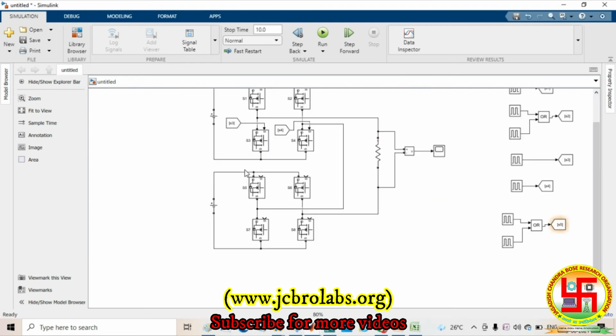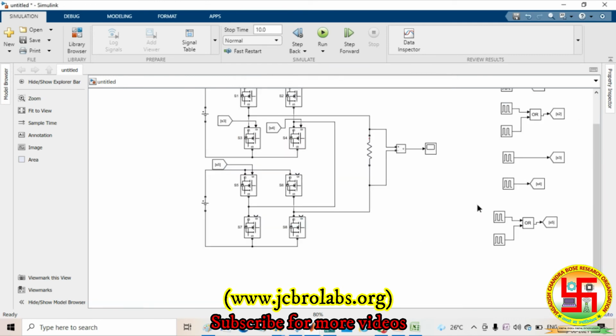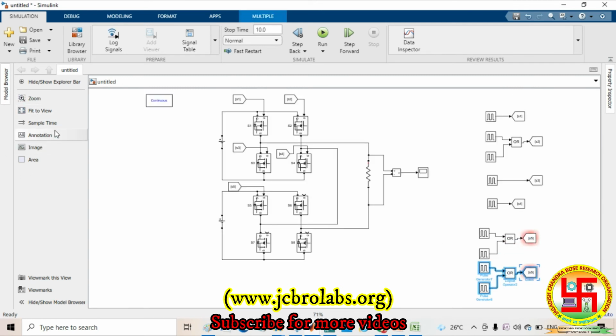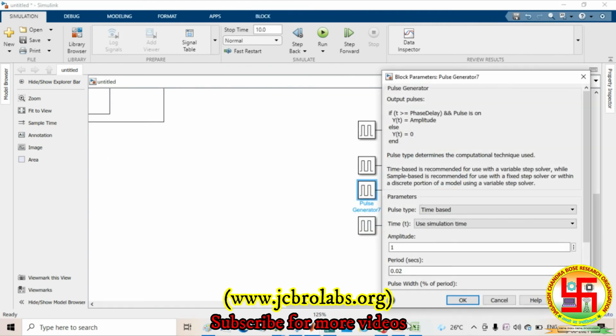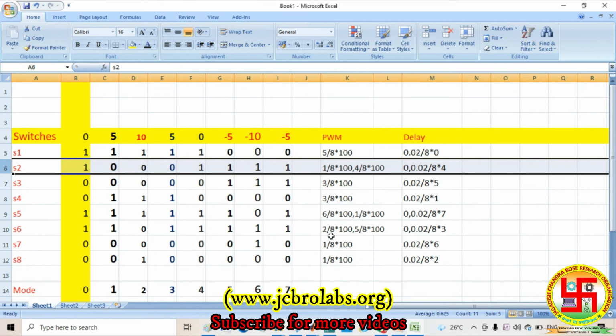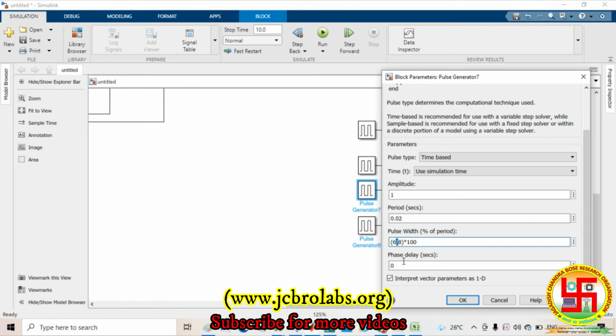So now here take another one connected to here. S5 you can mention. Apply. Okay. So now S6 which we need to give, copy here, S6. For S6 also you can observe here S6 is 2 by 8, 5 by 8.